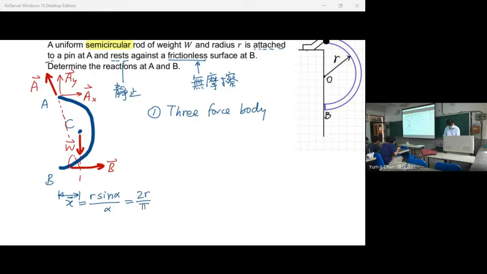Here alpha is equal to half of pi, which is 90 degrees. And here we have the diameter, which is 2r.